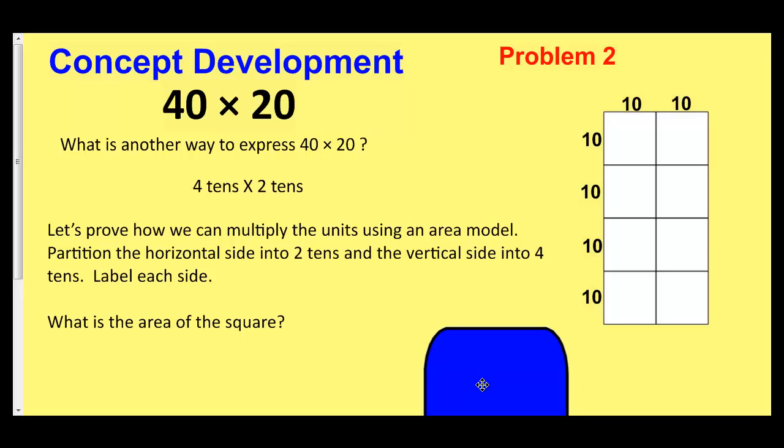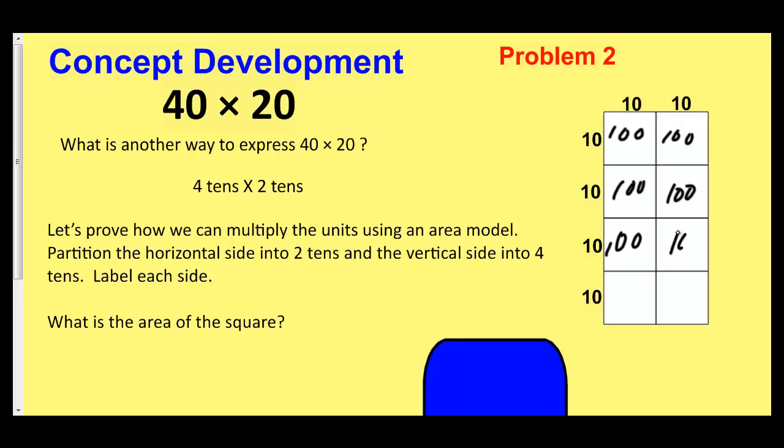Now, what would be the area of the square? If you think about it, each of these squares has an area of 100 because 10 times 10 is 100. So you have 100 here, 100 here, 100 here, everywhere. So what would be the area of the entire rectangle if each square had an area of 100? If you add all those together, the area would be 800.